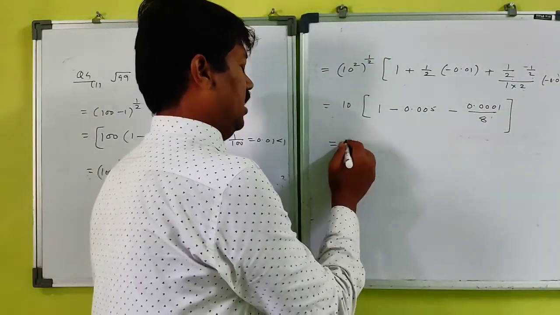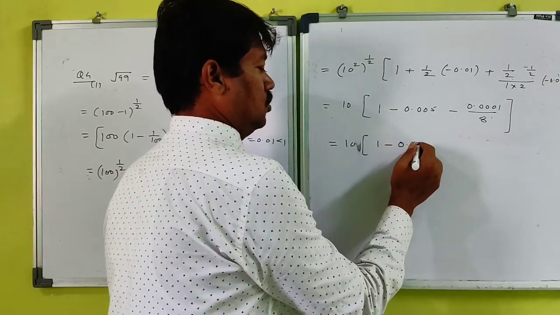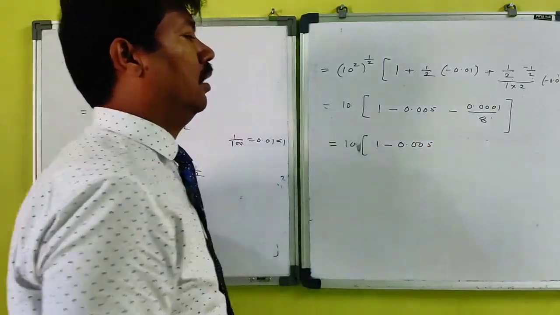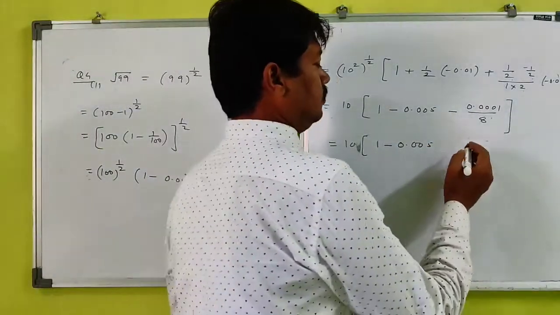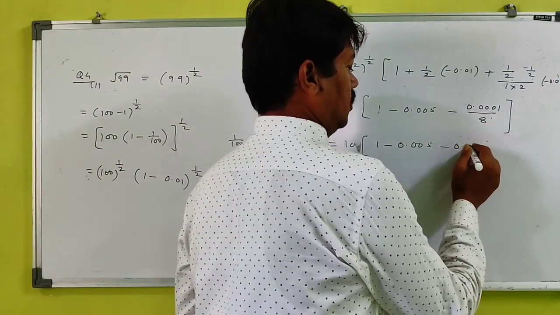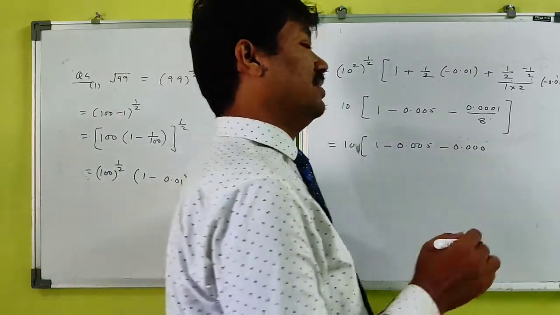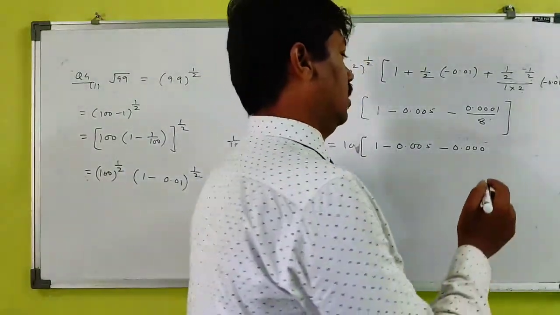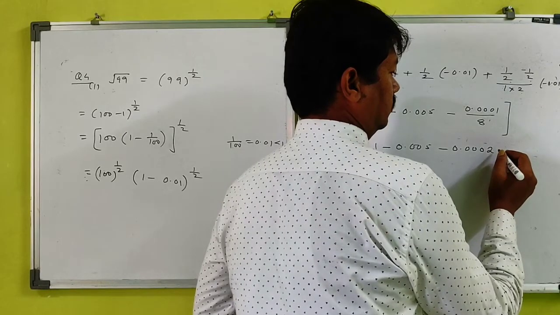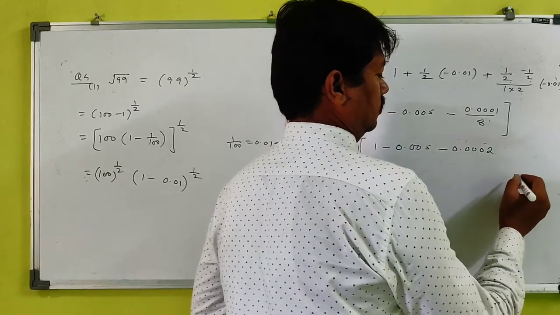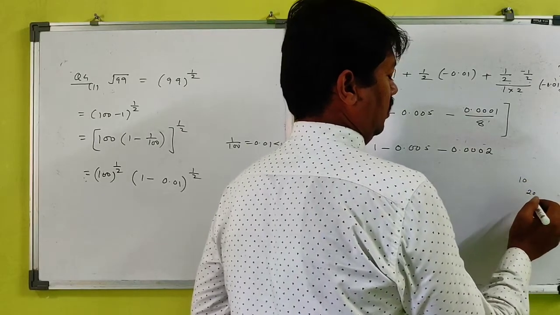So it is 10 times (1 minus 0.005 minus 0.0001 upon 8). Dividing 0.0001 by 8, we get 0.0000125.